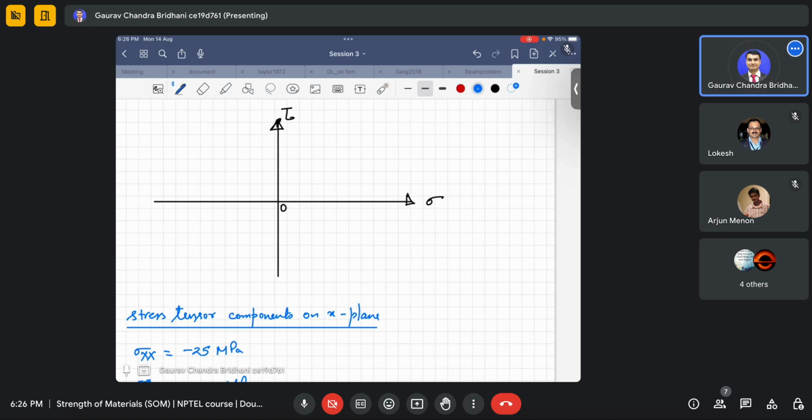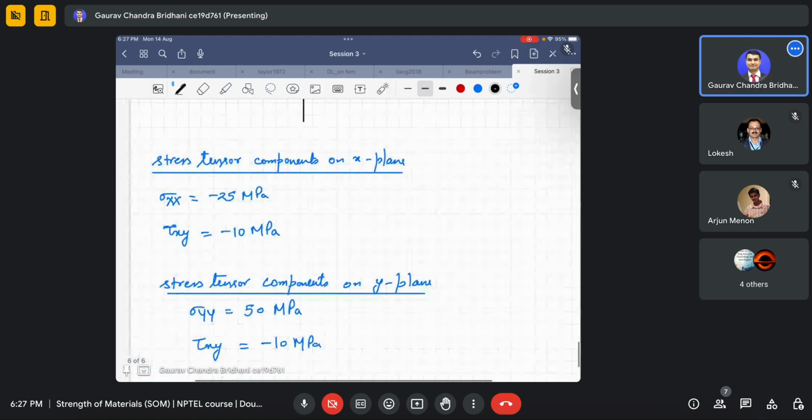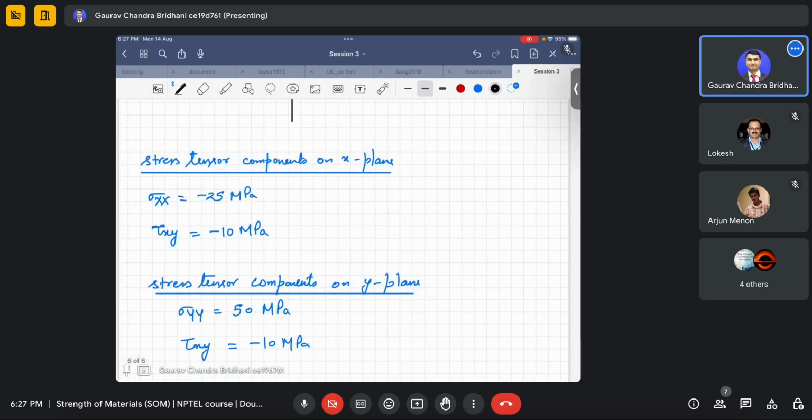So suppose this is the x plane. Okay, and what is the state of stress here? It is minus 25 comma 10. Now we have located the x plane. Now coming to the y plane, we have sigma yy as 50.